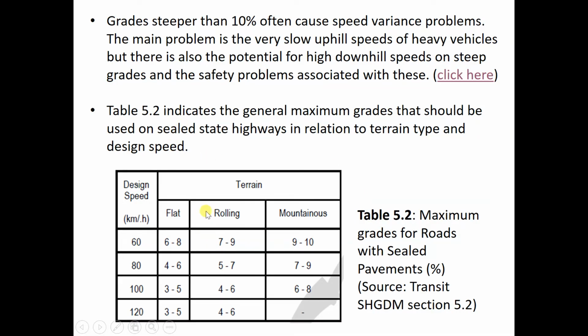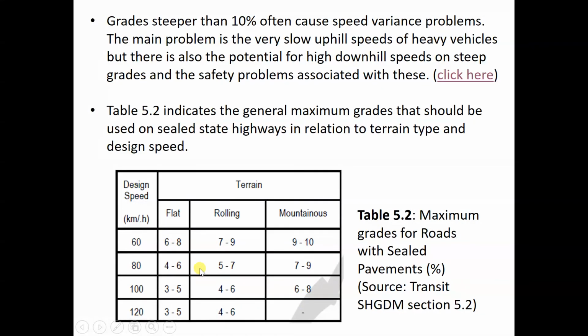Table 5.2 indicates the general maximum grades that should be used on sealed state highways in relation to terrain type and design speed. So the different design speeds, let's say 60, 80, 100, 120, and different types of terrain, flat, rolling or mountainous.